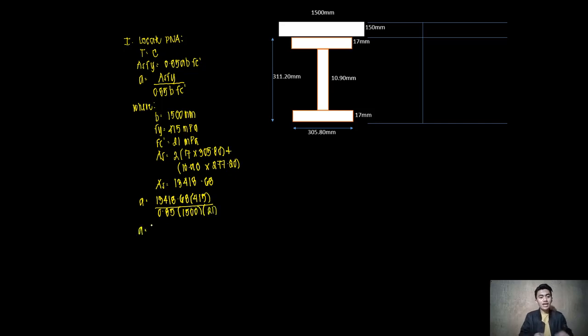The value for a here now is equal to 13,418.68 times 415 all over 0.85 times 1,500 times 21, that is now 207.98 millimeters.